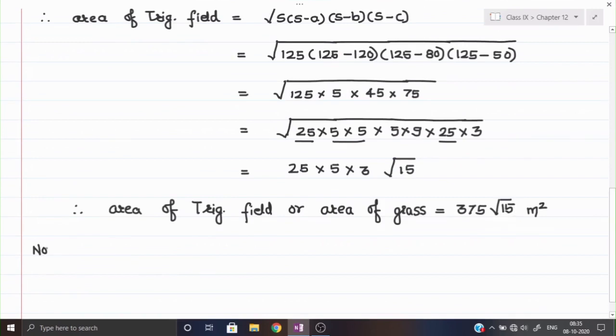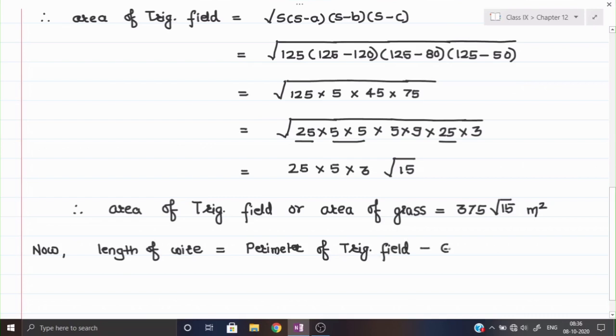So here we shall write down, now length of wire is equal to perimeter of triangular field minus a gap of 3 meter, because that 3 meter we are not putting any wire, so that gap we need to subtract.